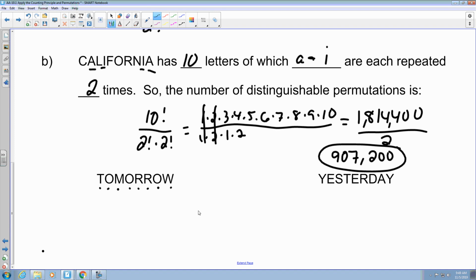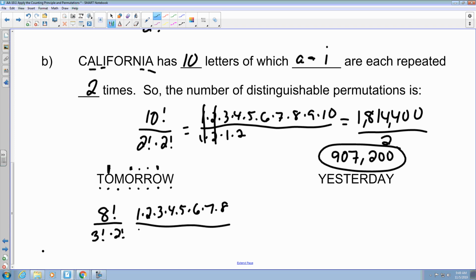If we look at these examples here, the word tomorrow is 1, 2, 3, 4, 5, 6, 7, 8 letters. So it's got 8 factorial on the top. What repeats do I have? Looks like I have a repeat O that happens 3 times, so that's where 3 factorial goes on the bottom. Times 2 factorial for R. So I get 1 times 2 times 3 times 4 times 5 times 6 times 7 times 8 over 1 times 2 times 3 times 1 times 2, cancel, cancel, cancel.